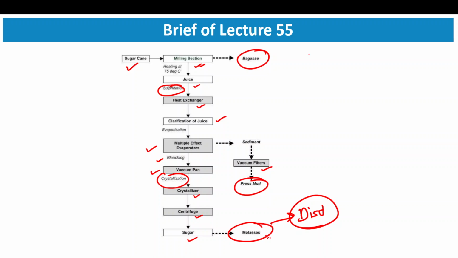So as we have mentioned, depending on the industry and the wastewater characteristics, the methods used for the treatment vary, right? So more or less all the processes will be used, but there could be some changes depending on the industry. So let's first take an example of sugar industry.